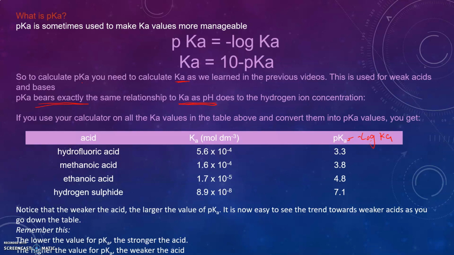So actually this is the opposite direction. The weaker the acid, the larger the pKa. This is the acid strength, or in another way we can say it's the concentration of hydrogen. So when the concentration of hydrogen decreases, the pKa increases. How can you tell that?